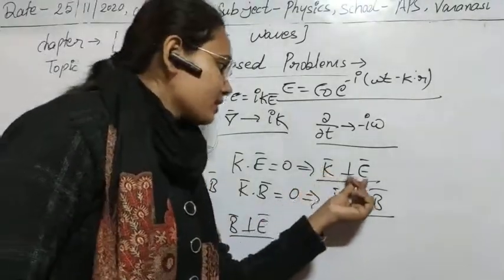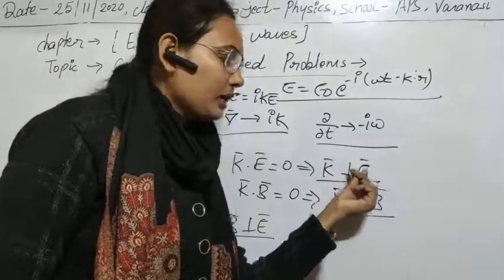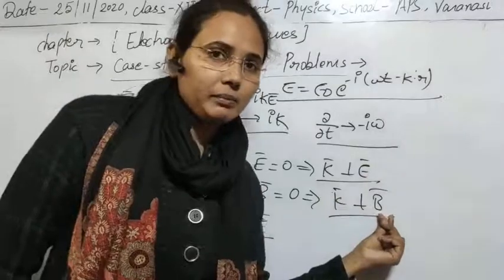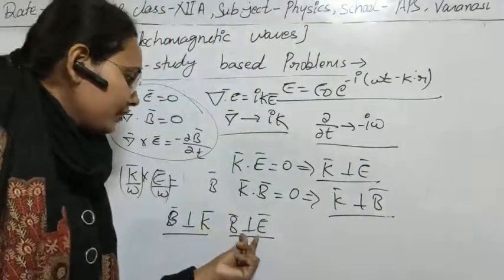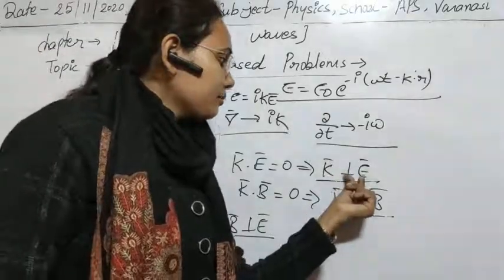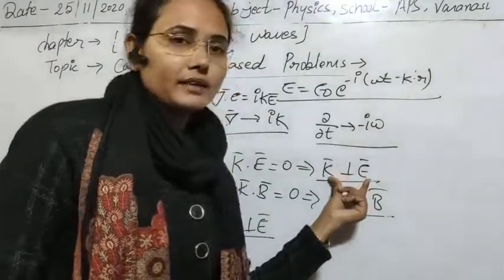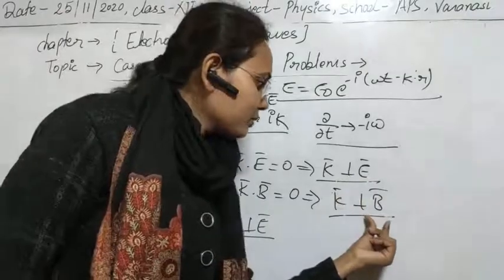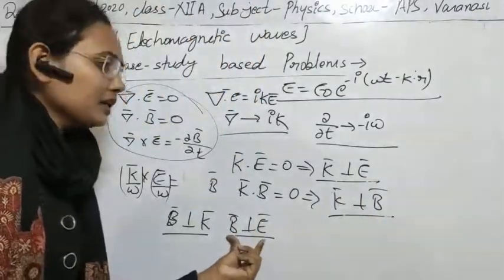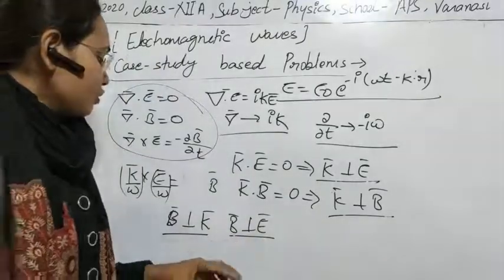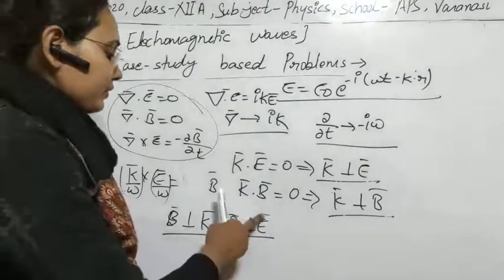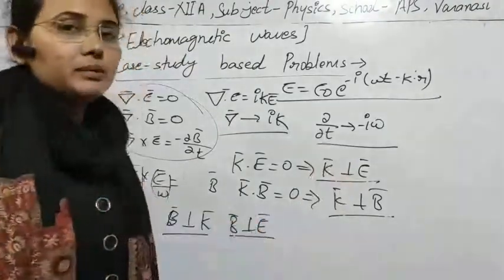This direction of propagation is perpendicular to the electric field E, this direction of propagation is perpendicular to the magnetic field B, and also the magnetic field is perpendicular to the electric field E. So from all these three equations you can see that these are all mutually perpendicular.